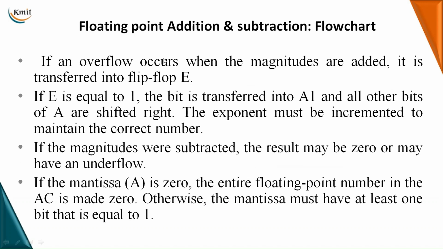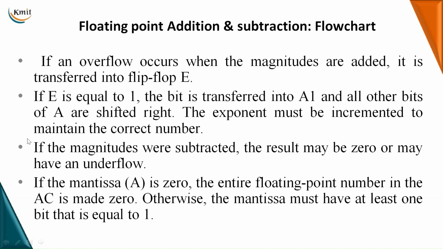If an overflow occurs in case of an addition, when magnitudes are added, it is transferred to the E flip-flop, which is a carry bit. If the E bit is equal to 1, then how are you going to normalize? You transfer the bit into A1, all other bits of A are also shifted to the right, and the exponent must be incremented. So that is how you normalize the result in case of an addition operation.